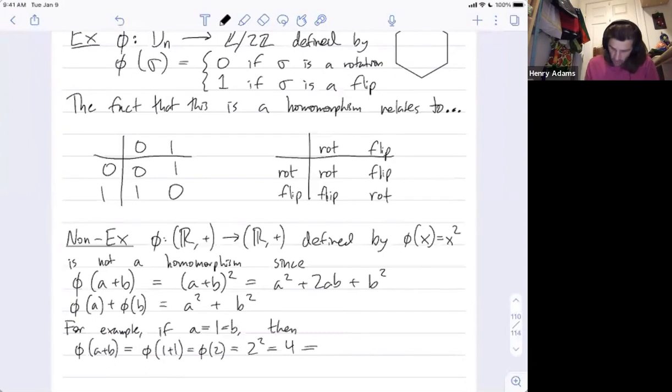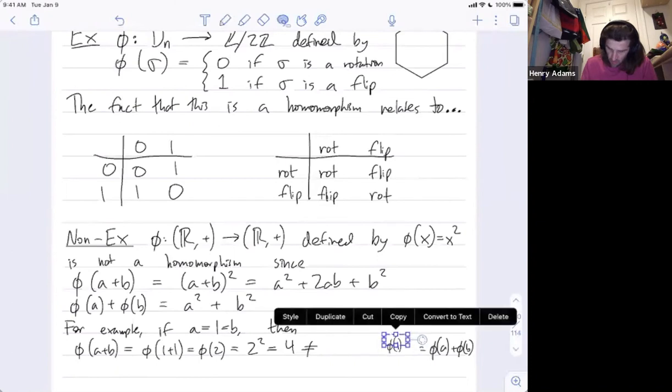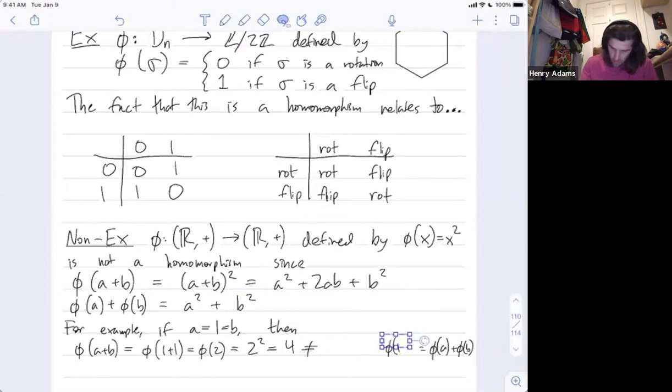That is not equal to phi of a plus phi of b, which is phi of 1 plus phi of 1, which is 1 squared plus 1 squared, or 2.